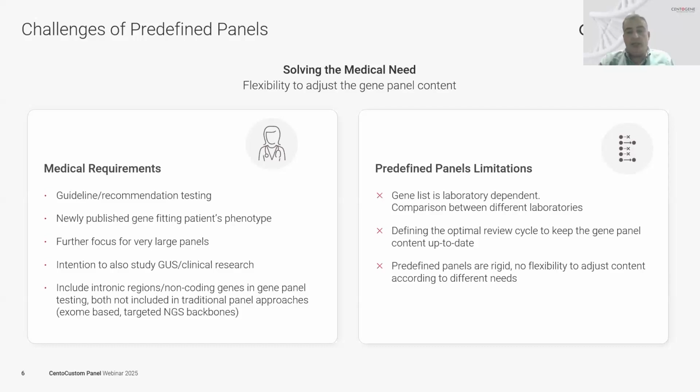So it could be useful that when the clinician has a patient or a group of patients and knows about a new gene that has been associated with disease and wants to include it in their panel, then it's possible if you can customize it, but not if it's a predefined fixed set of genes.